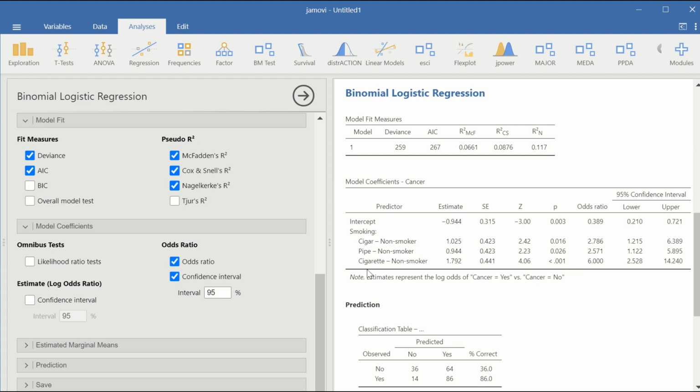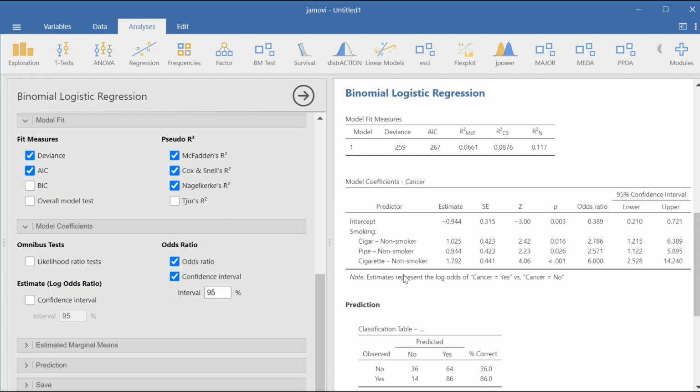For the cigarette category, those who smoke cigarette have the highest likelihood of developing cancer compared to non-smoker, as the odds is 6. So there is an increased chance or increased likelihood of developing cancer with smoking any type of tobacco here.